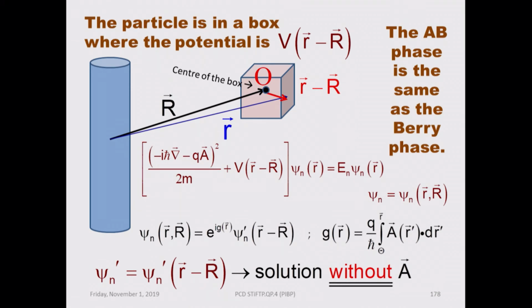And we know how to write these solutions, with and without the vector potential. So, without the vector potential, you have not done anything to the potential at this point. And this psi prime will then depend on the difference vector rather than the absolute values of small r and capital R, only the difference really matters.